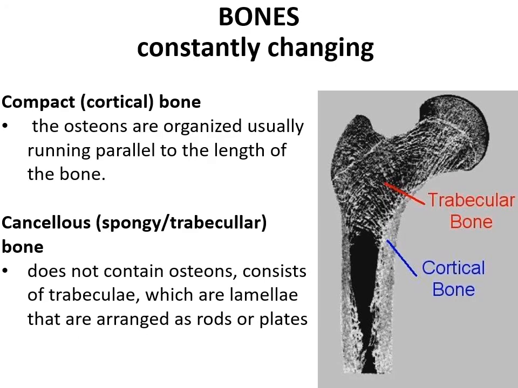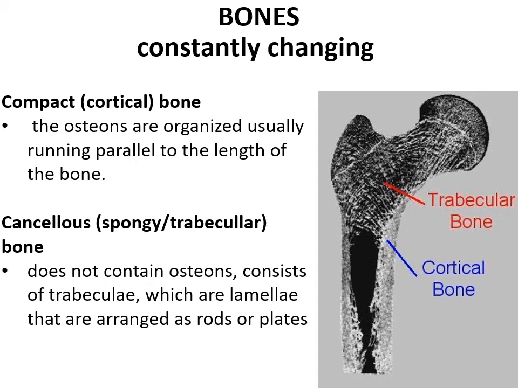Okay, so let's look at the ways that the body organizes its bone into two types of bone. So compact bone, which is the really strong exterior part of bones, and they're made up of groups called osteons that typically run parallel to the bone.